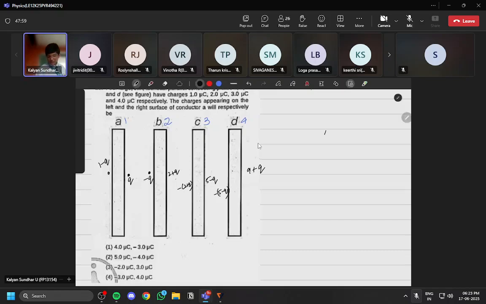So what is the value? 1 minus Q will be equal to 9 plus Q. So minus 8 will be equal to 2Q. Q will be equal to minus 4.